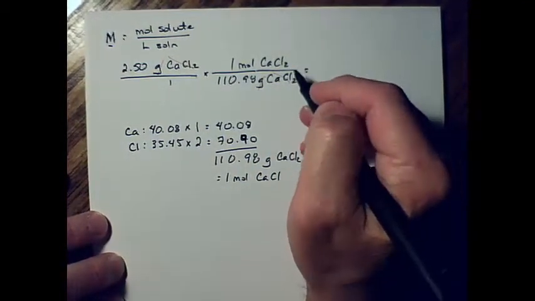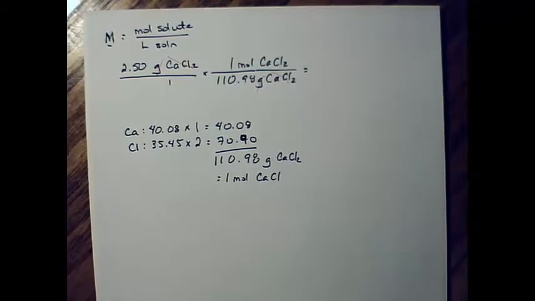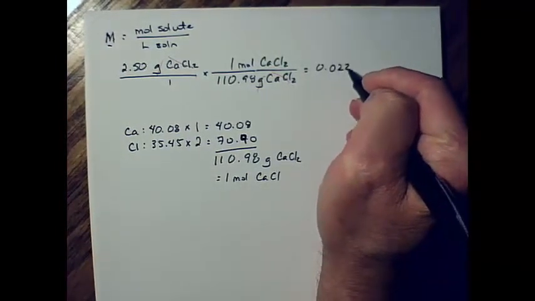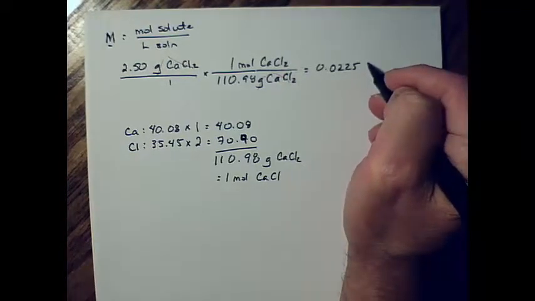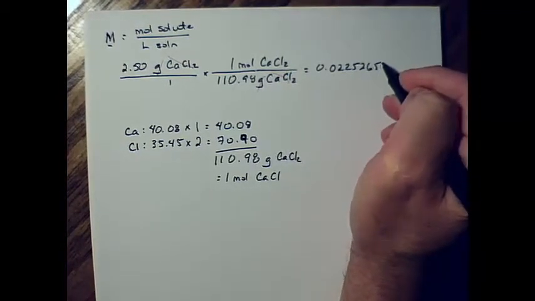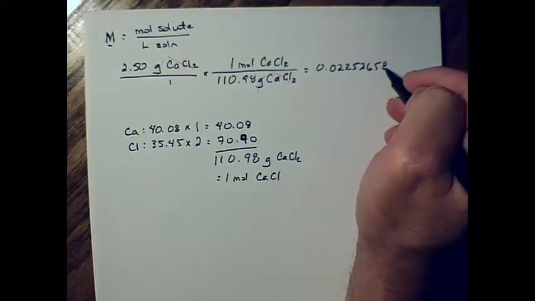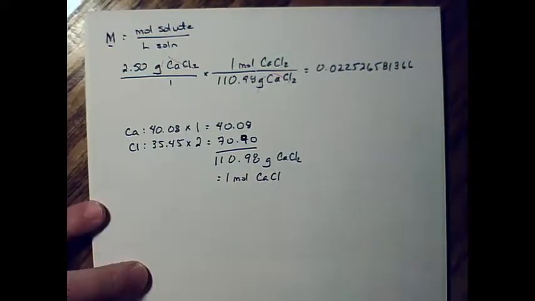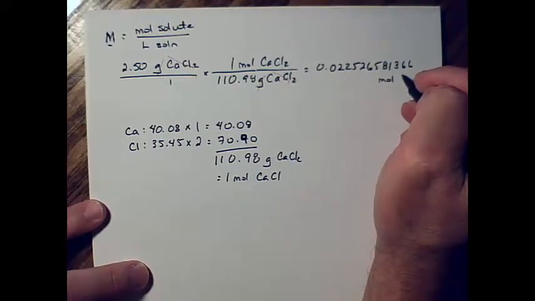And we can do the math. So this is the number of moles of calcium chloride before we round off.